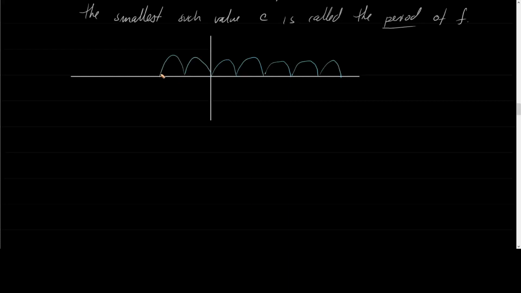Now in here, it is clear that the function is just repeating itself over and over again. And let's say that the coordinates here were 5 apart.